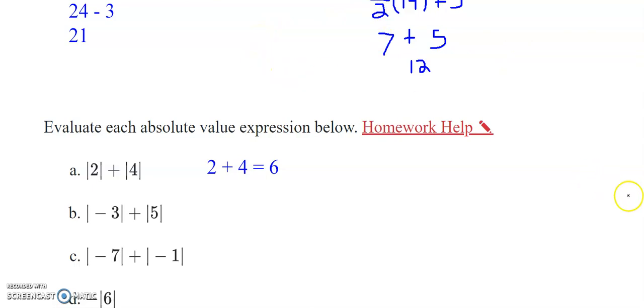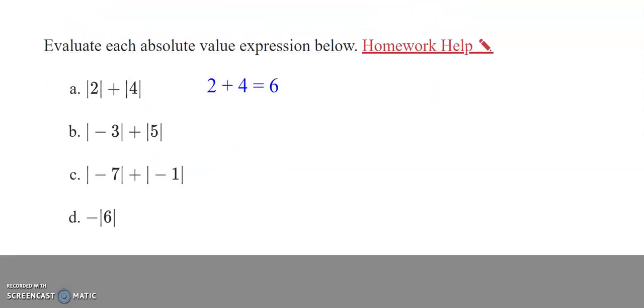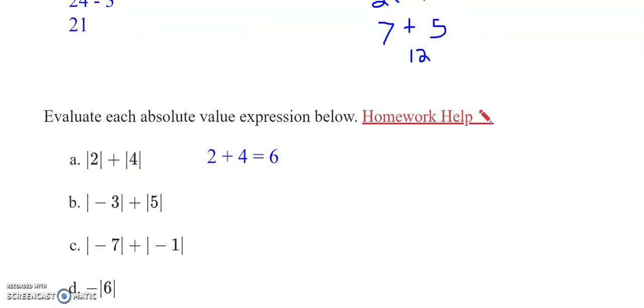Okay, last but not least, I think, let me take a little sneaky peek. Yep, last but not least is our absolute values. Now, with absolute values, we want to remember that these bars right here mean absolute value. It means what is the distance of the number inside from 0 on a number line.